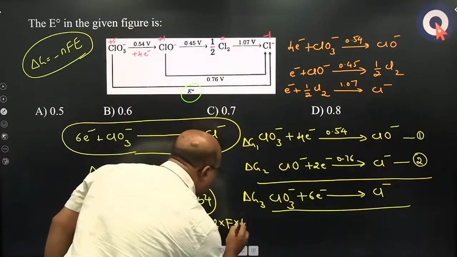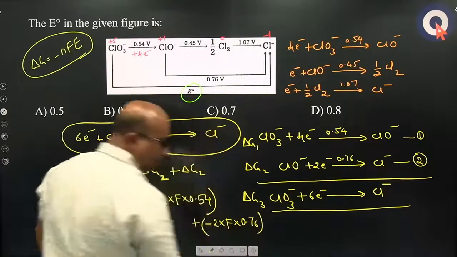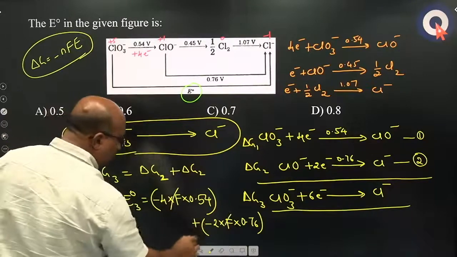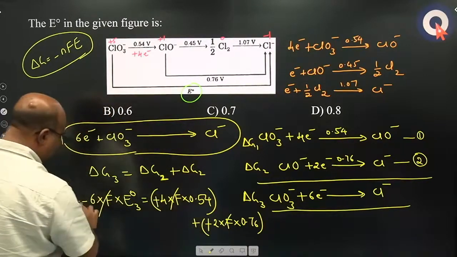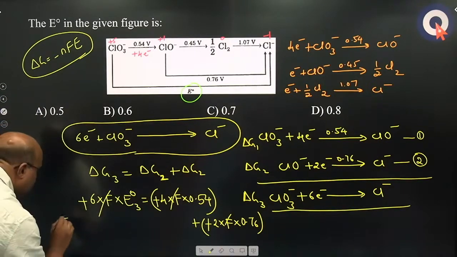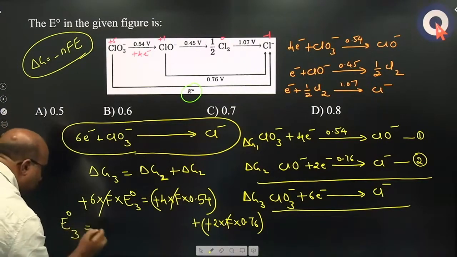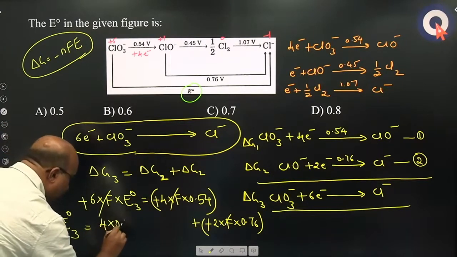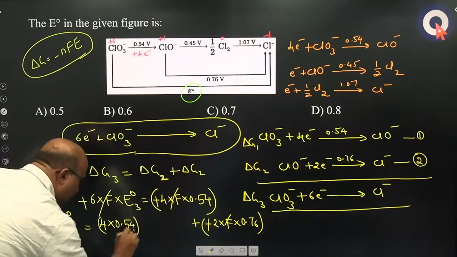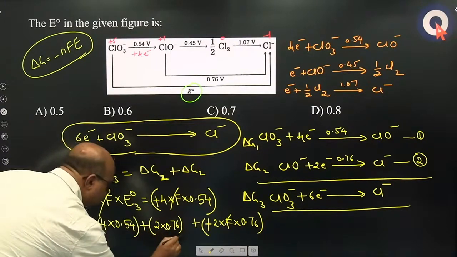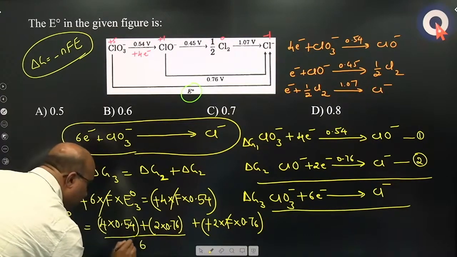So it is nothing but 0.76. But you can cancel F. You can cancel minus. So what is E naught 3, or what is the required potential for us? It's nothing but 4 into 0.54 plus 2 into 0.76 by total number of electrons 6.